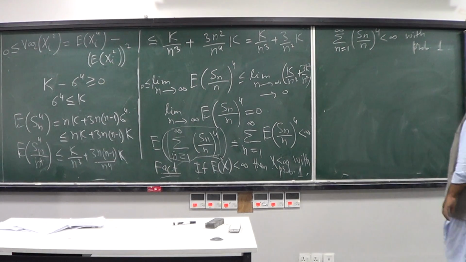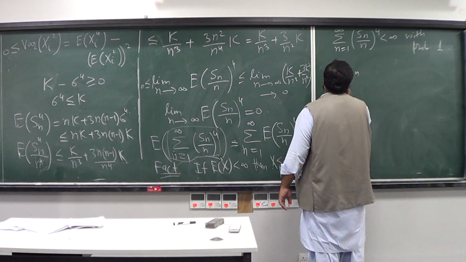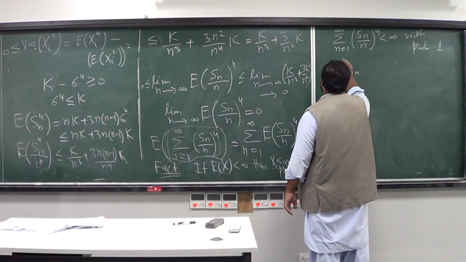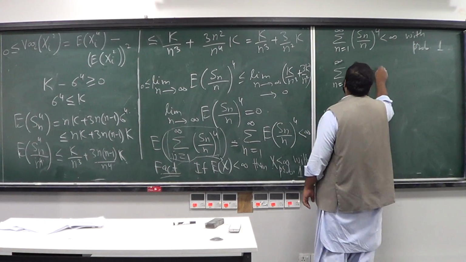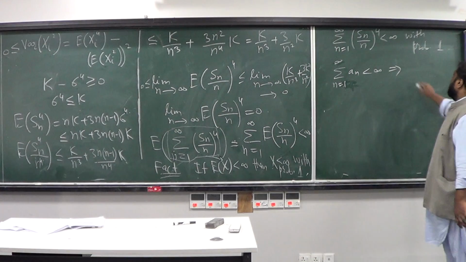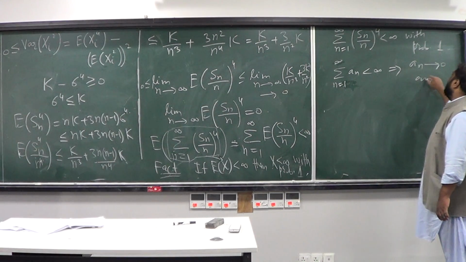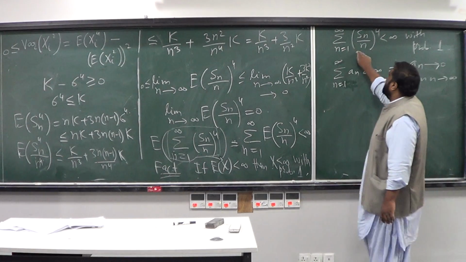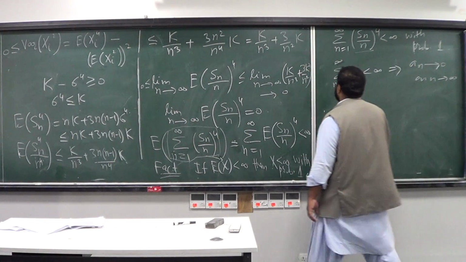And then now quoting another result, which says that if a series is convergent, so the sum from n equal to 1 to infinity is convergent, then the general term of the series goes to 0 as n goes to infinity. So if I take this as a_n, I know that this series is finite with probability 1.